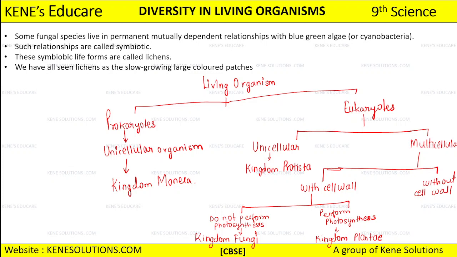And multicellular eukaryotes without cell wall is we human beings. We are all included under kingdom Animalia. कौन से kingdom में आते हैं हम? Kingdom Animalia के अंदर, because they are multicellular and we are also multicellular.